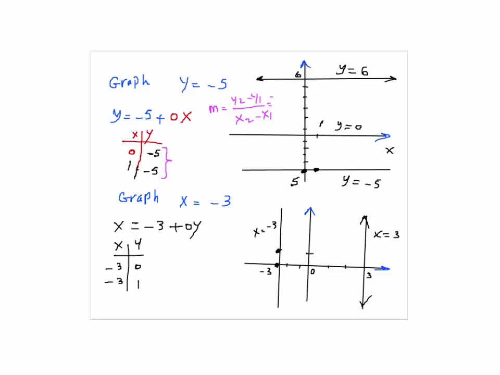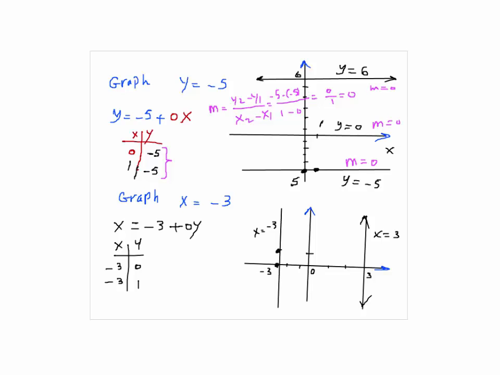It would be -5 minus -5, right? So this would be 1 minus 0. So the top of the fraction would be 0 over a number, so it would be 0. So the slope of all horizontal lines are equal to 0.